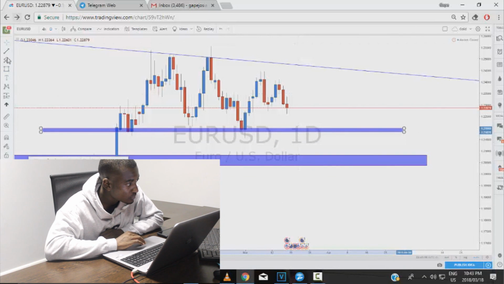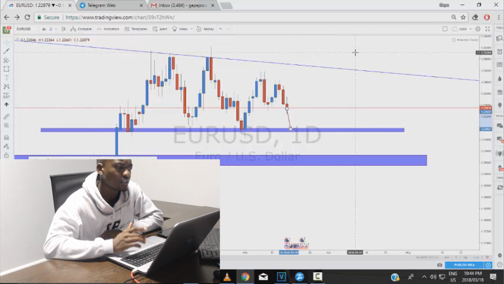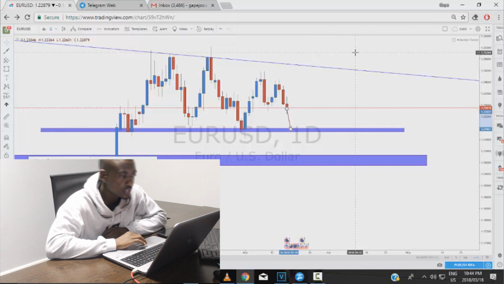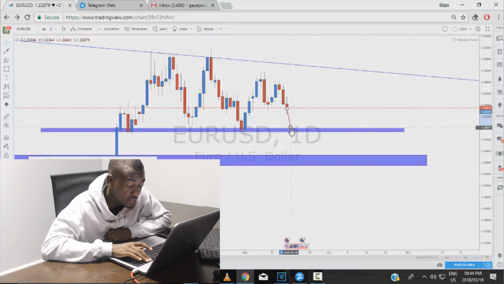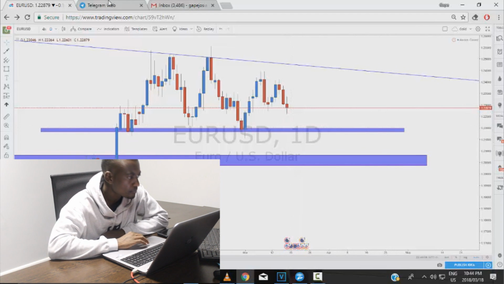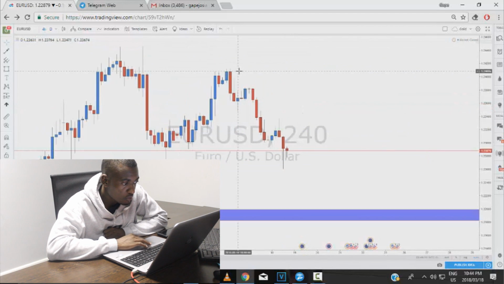But for now, it looks like price is gonna come this low, and I'm going to look at how it reacts from here. But before we move on to the next one, I want to see how my 4 hour is.